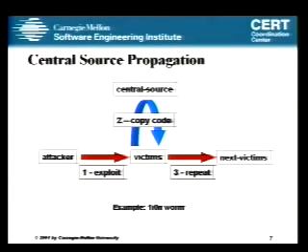Central source propagation is primarily used by the lion worm, and we've seen this model previously, but not in the degree of automation that the lion worm used. Essentially, it's a central source that has a copy of the malicious code, and some mechanism, a wget or RPC or something like that, is used by the code to retrieve a copy from the central source, install it on the compromised victim host, and reinitiate the attack sequence.